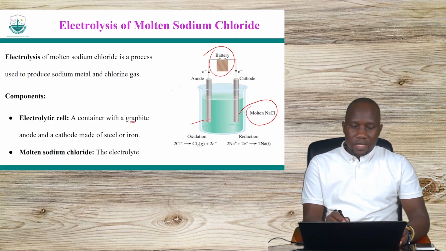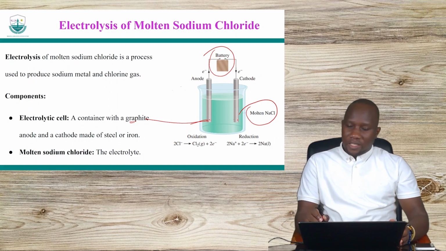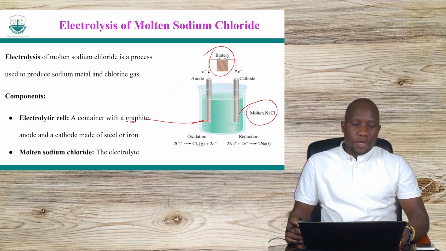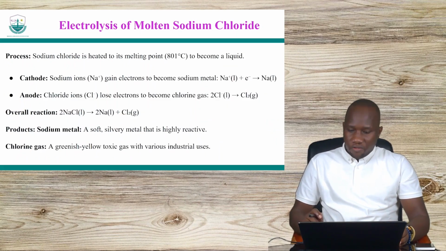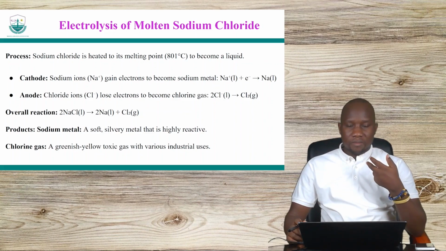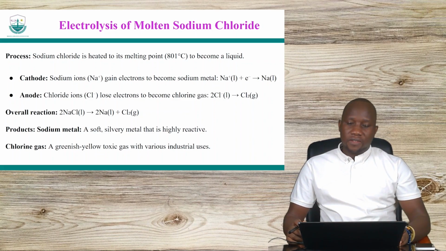The anode is graphite, okay, and then the cathode can be steel or iron, okay, and then the electrolyte is the molten sodium chloride. Okay, so what ions do we find there? Definitely we're talking about the sodium ions and the chloride ions.